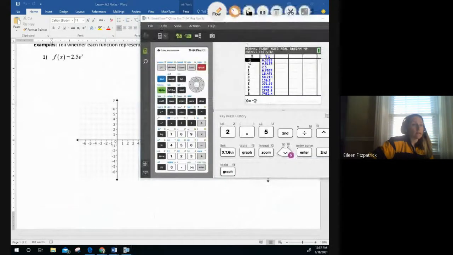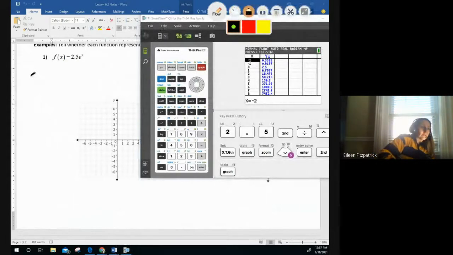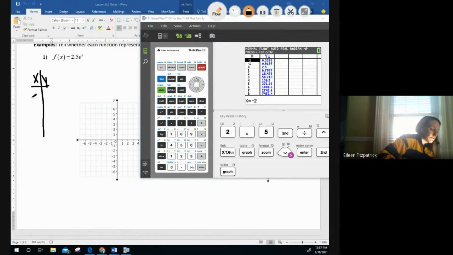For my table of values for number 1, I'm going to list -2, and then it's 0.334 approximately.